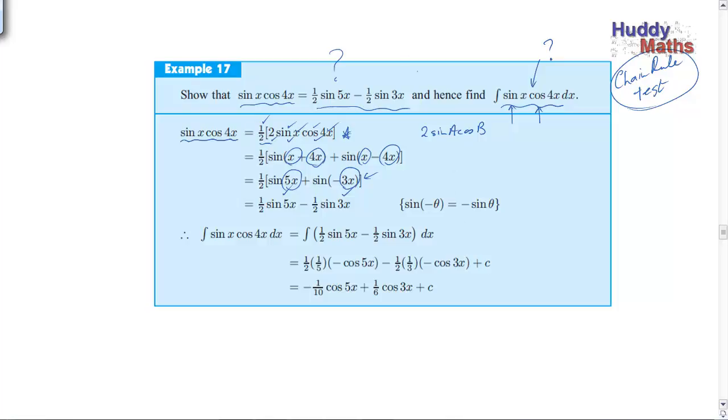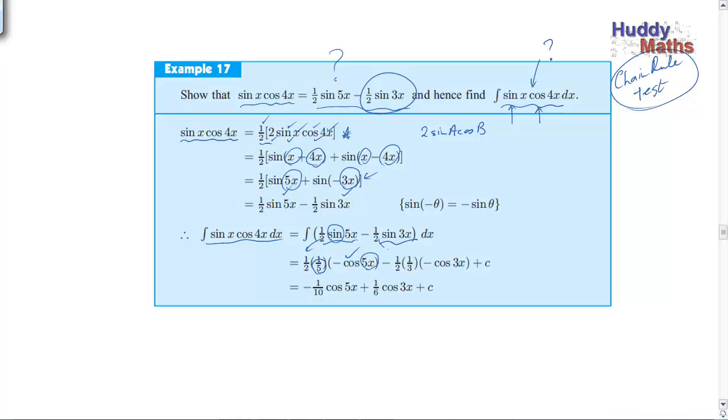But anyway, we had to show this, remember? They gave us that hint. So now the integral of this product becomes the integral of a difference, and that's easier. We've got half of that, so it stays out the front. Integral of sine is neg cos, leaving this unchanged, like the chain rule, and then dividing by the derivative of 5x.